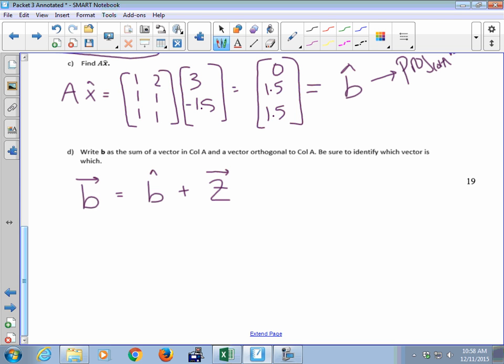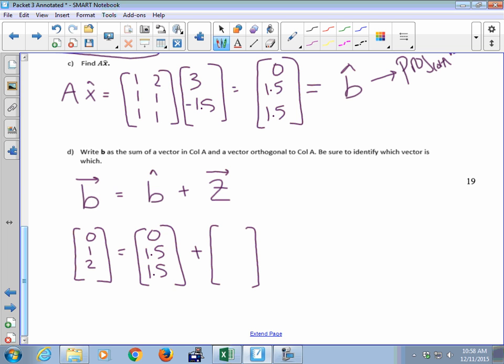It's 0, 1, 2. b hat I just found, 0, 1.5, 1.5. Then I have to figure out what to put in to make z. I haven't figured out z yet. What do I have to add to 0 to make 0? 0. What do I have to add to 1.5 to make 1? Negative 0.5. What do I have to add to 1.5 to make 2? 0.5.